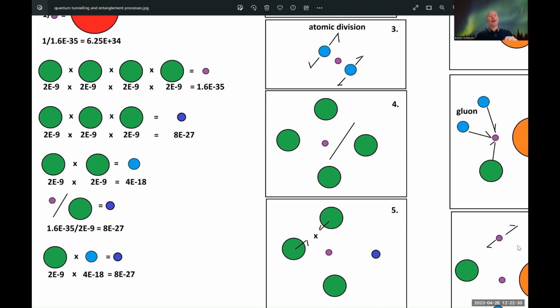But if we break it down, here we have a singularity divided by the radius of the electron, we can get out to 8e to the -27. So that relationship corresponds to an energy distance of 1.25e to the +26 when inverted, and that corresponds to a 2 nanometer distance away from the singularity.